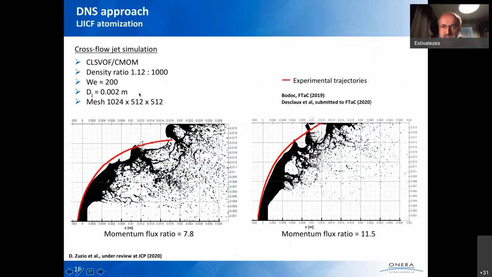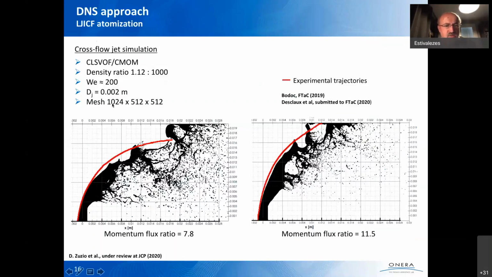The experiment has also been done at ONERA by a colleague. So this is the mean shape of the liquid jet. So you can see we have quite a good agreement between the both.